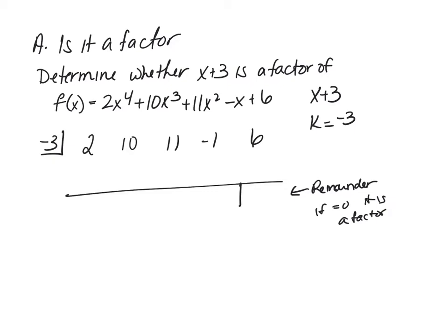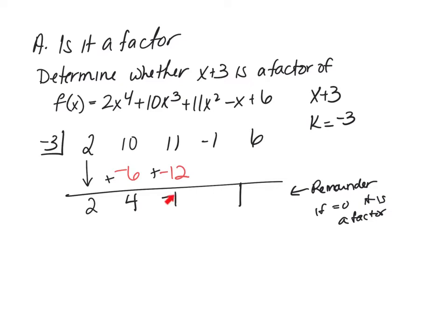So remember we bring down the 2. We multiply the 2 times the negative 3, and we get negative 6. Then we add 10 plus negative 6 is 4. Then we multiply again, 4 times negative 3 is negative 12. Then we add 11 plus negative 12 is negative 1.